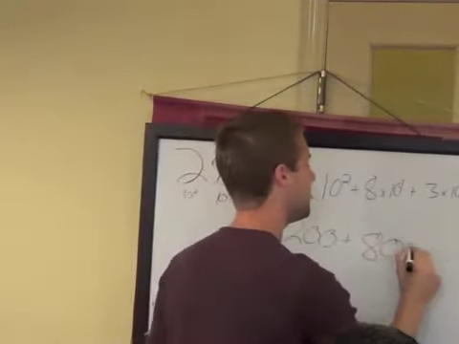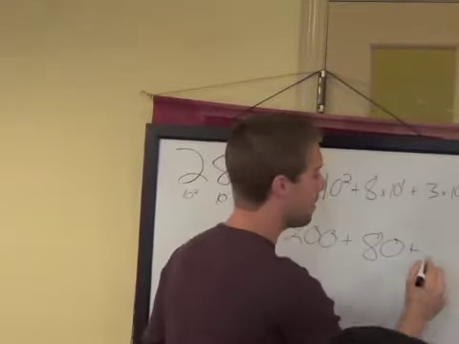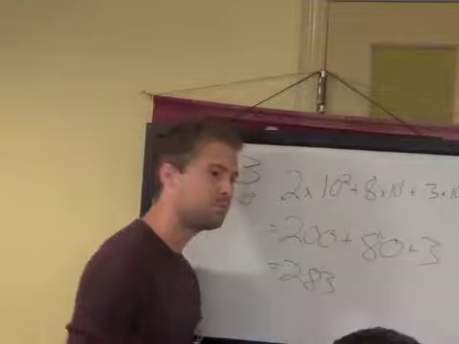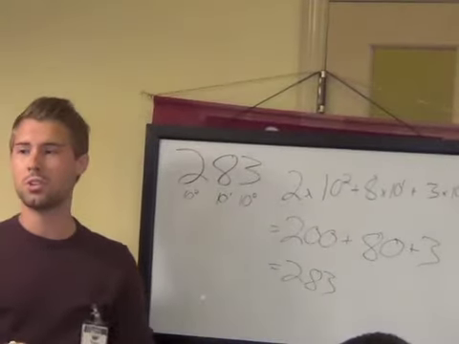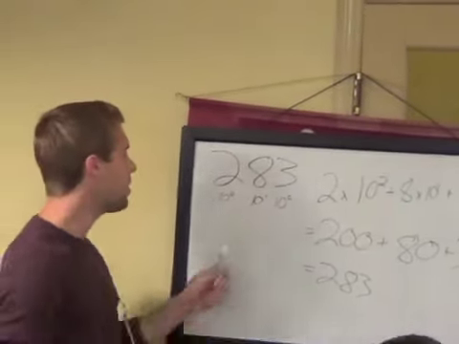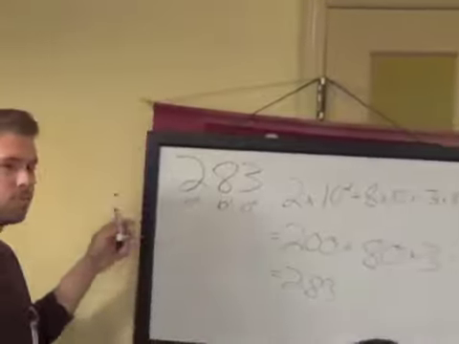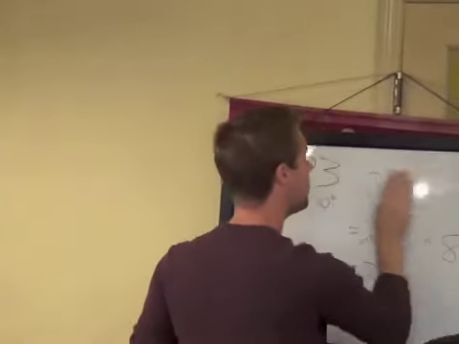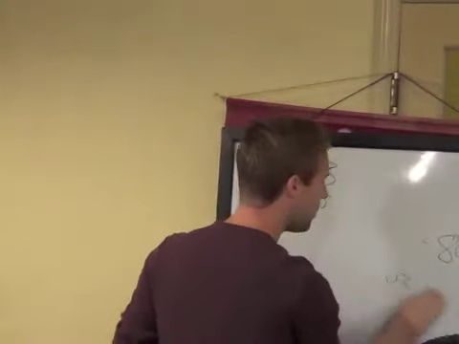All right. Plus 3. 283. So if you didn't know how our number system works, now you know. And this goes up 10 to the 3rd, 4th, 5th, ever increasing higher. That is base 10 numeric system.